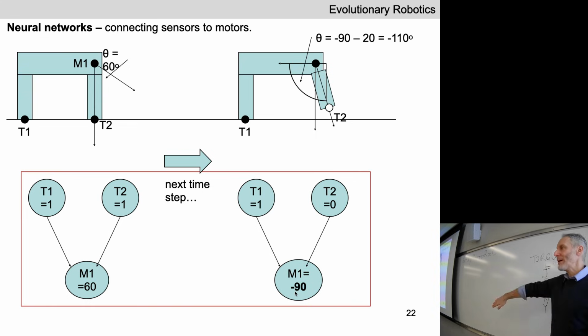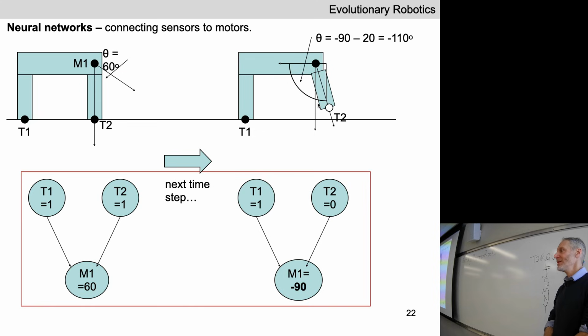Negative numbers always represent a flexion, rotate inward, and the magnitude of this number is greater than the magnitude of this number. So it's actually saying flex inward with greater force. The physics engine is going to try and apply torque to rotate the leg in the other direction, and the leg's going to start coming back down again towards the ground. What happens at the next time step?